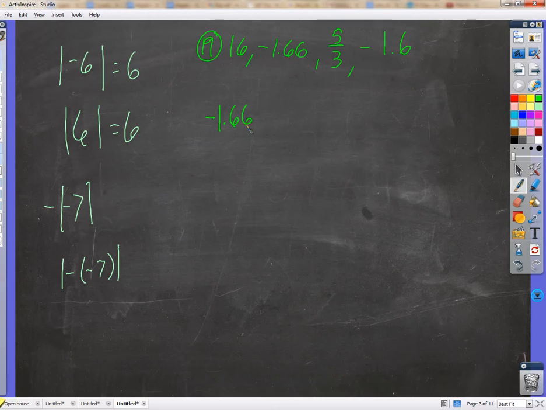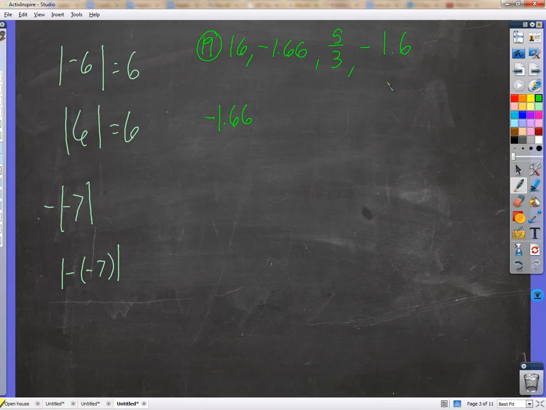Negative 1.6. Right. No, I want to know why this is the smallest. Because it's hundredths more negative than 1.6. Yeah, I like that. It's 6/100ths more negative than negative 1.6.